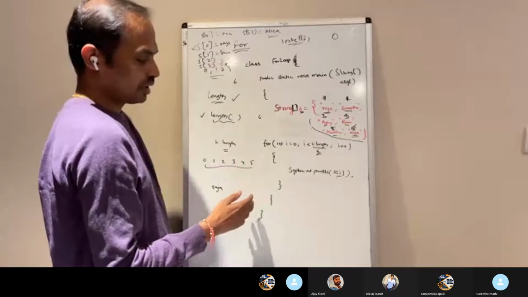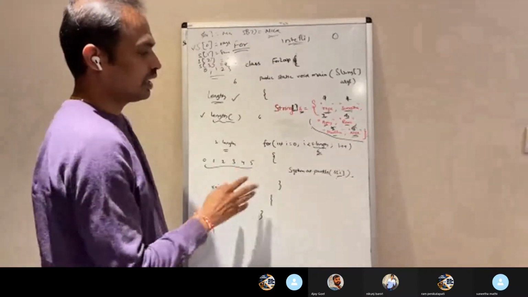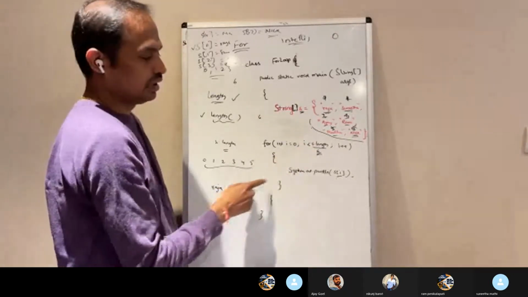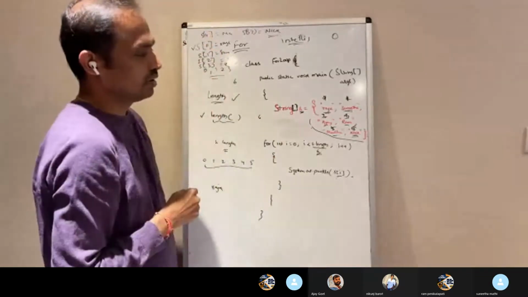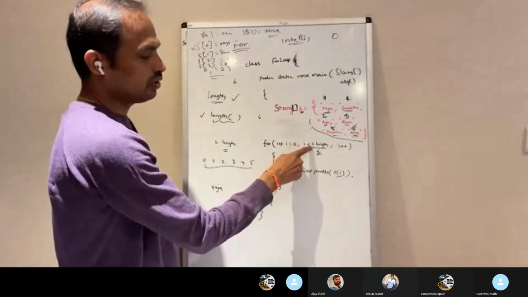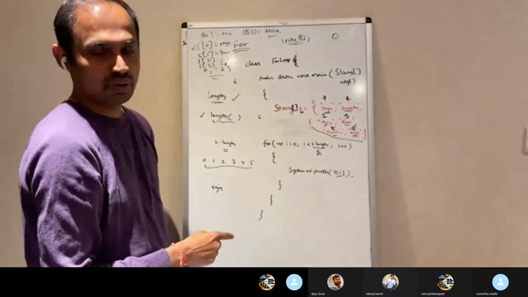So try to write the program and compile it. First run with i less than s dot length. Then after compiling and printing all these values, you can change it to i less than or equal to s dot length. Then see what error the compiler throws.